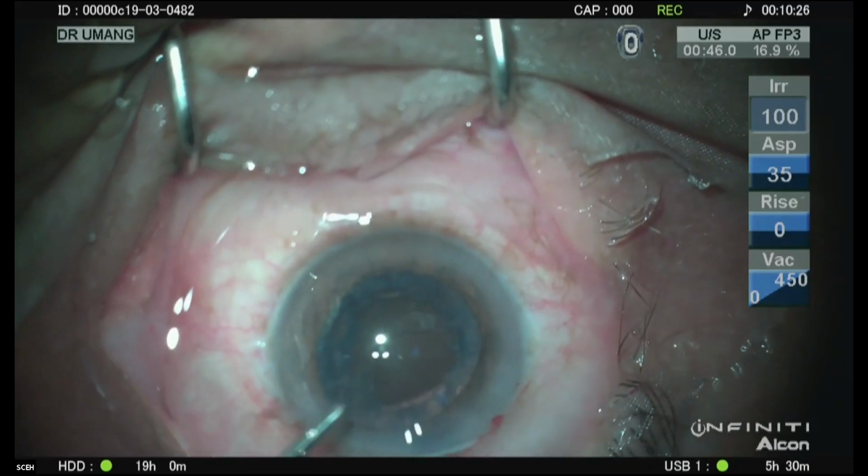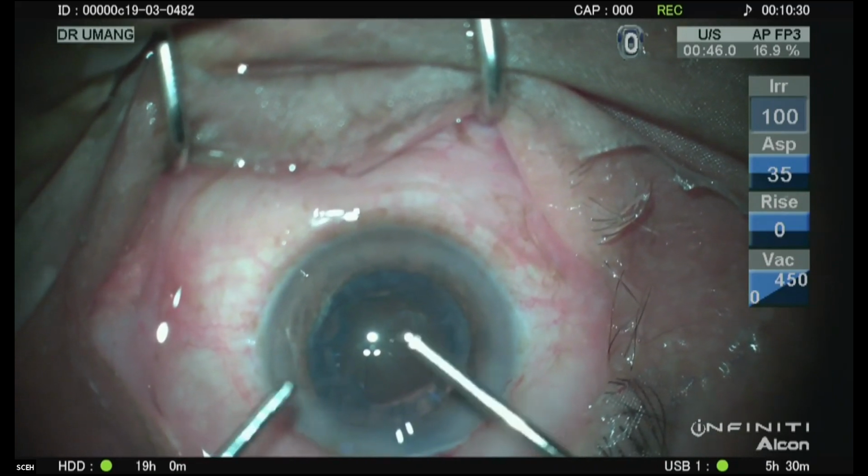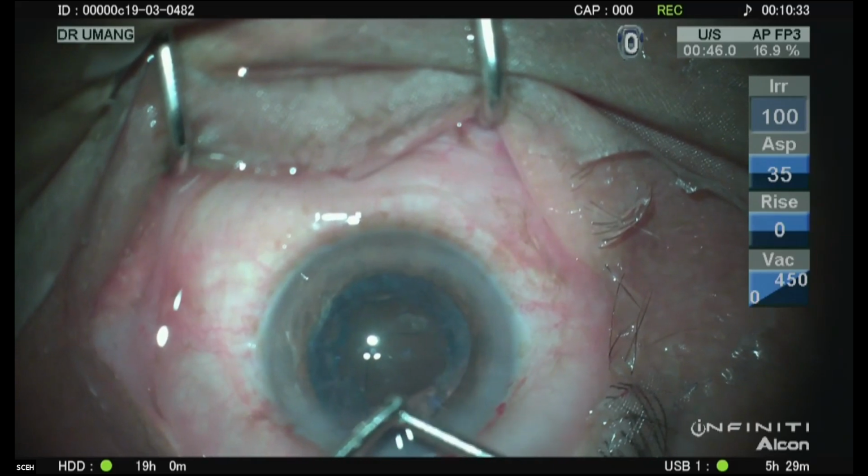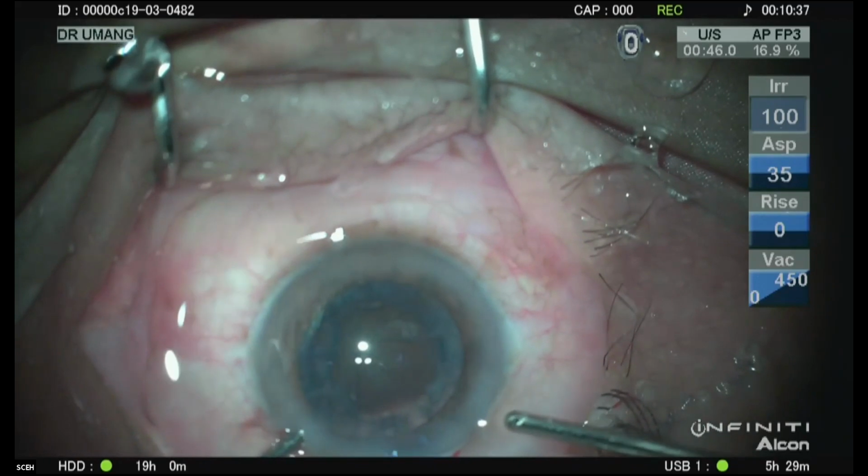So here we have the irrigation, which has the 2 irrigation ports. And this is the aspiration, which has 1 aspiration port. As long as the aspiration port is facing up, we are safe.